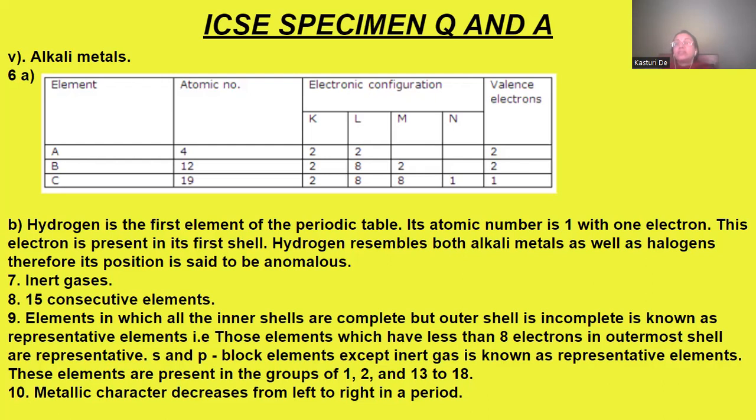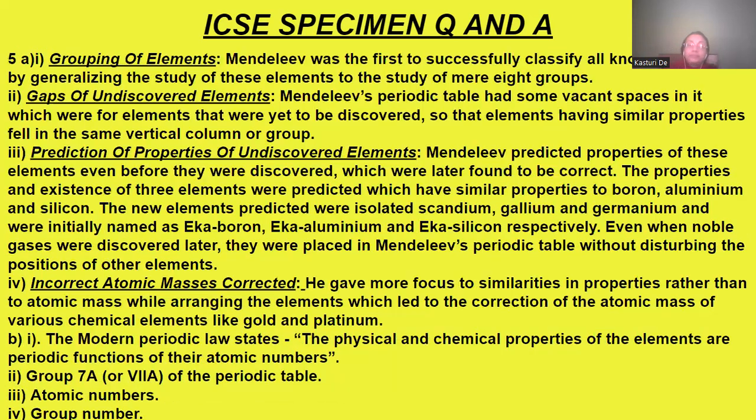Generally, it is placed as the first element of the periodic table because it has only one electron, since its atomic number is 1. That single electron is placed in the first shell. It resembles both the alkali metals and halogens, and that's why its position is anomalous.